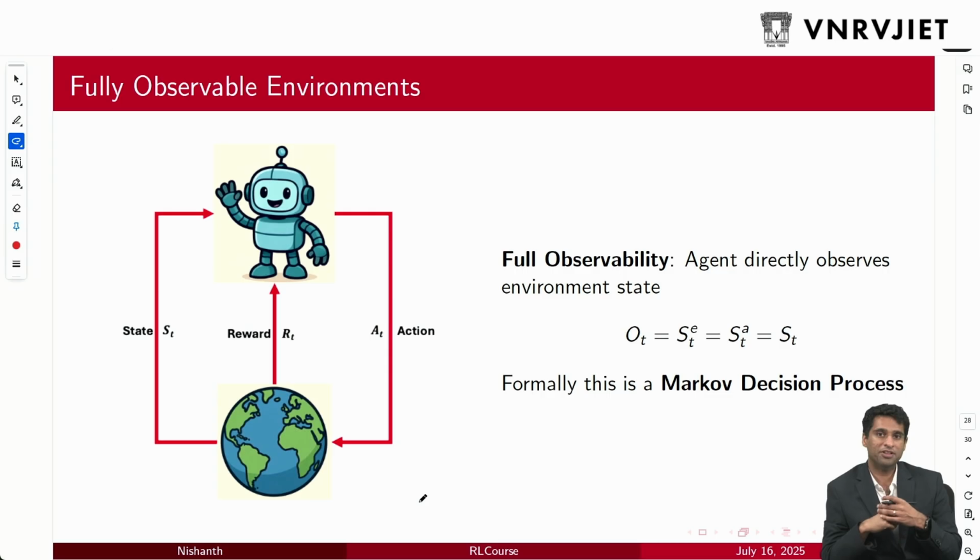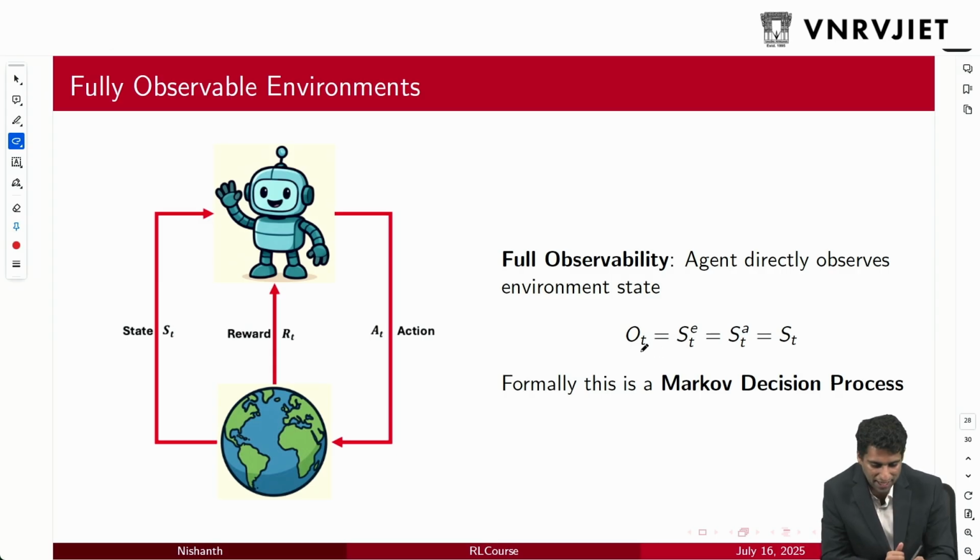So if we think about board games like chess or Ludo or Go, right? These board games can be considered as fully observable environments because if we know the current sequence of the coins on the board, that explains all the information about the current state of the game, and we need not know any of the previous transitions. So board games are typically fully observable.